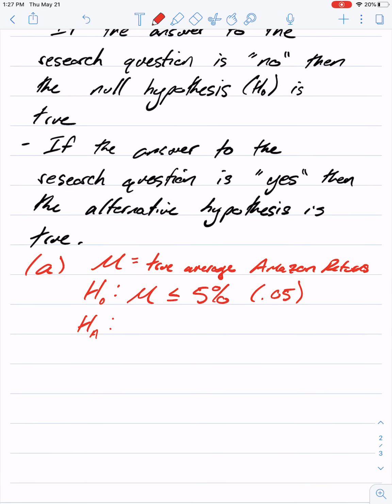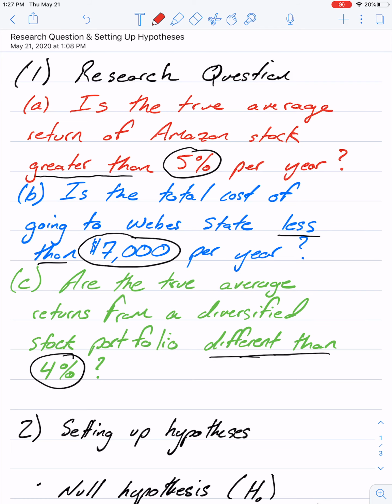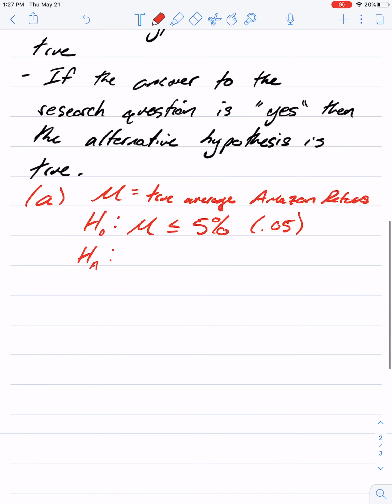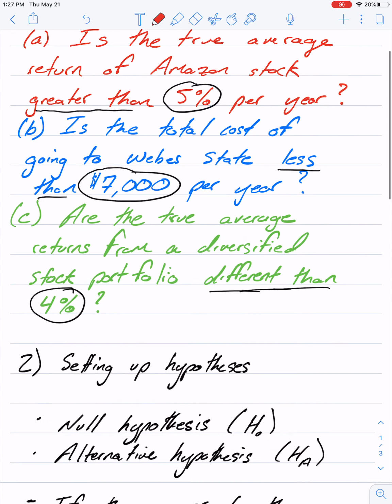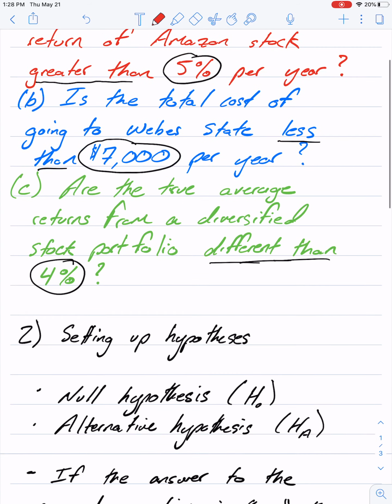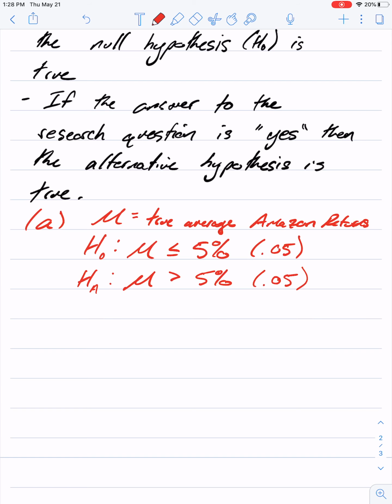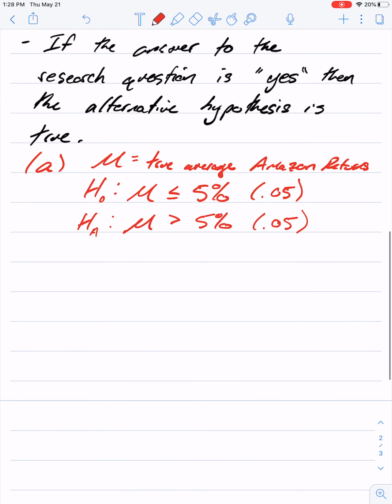So boom, right there: mu is less than or equal to 5%. That question has a no answer in that case. Now the alternative hypothesis is the opposite. Mu is greater than 5%. Because if that were true, then the answer is yes, right? That says the true average stock returns from Amazon are greater than 5%. So it's pretty straightforward. You just have to be careful and always remember to check yourself based on these two criteria. But other than that, it's pretty straightforward.